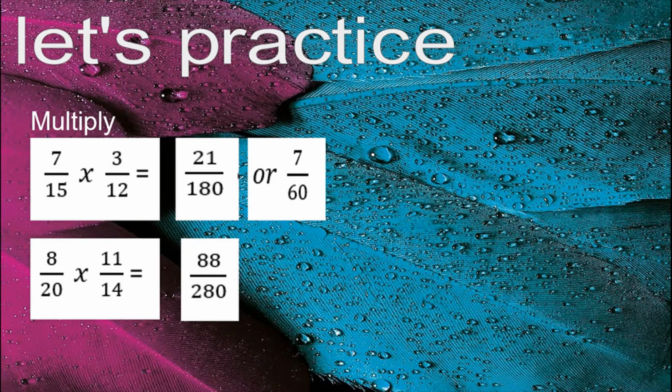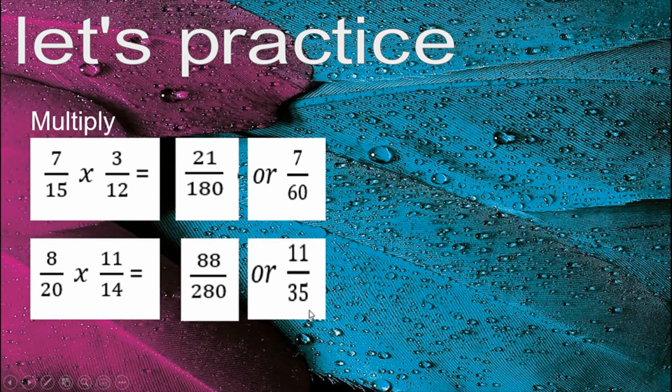Now, will this be our final answer? I guess not yet. We can still simplify 88 and 280. So, for our final answer, we have 11 over 35.